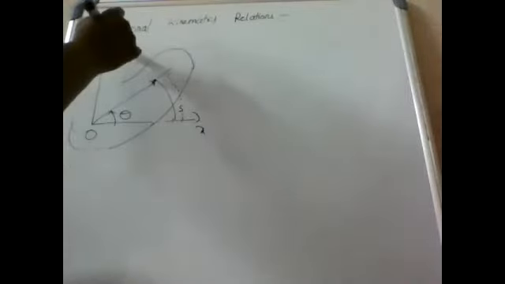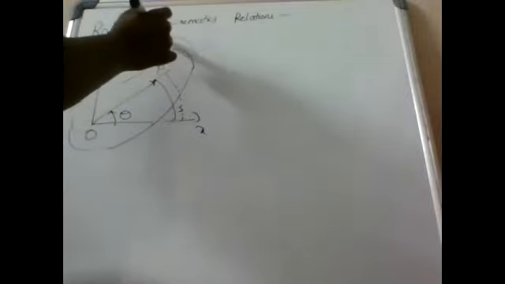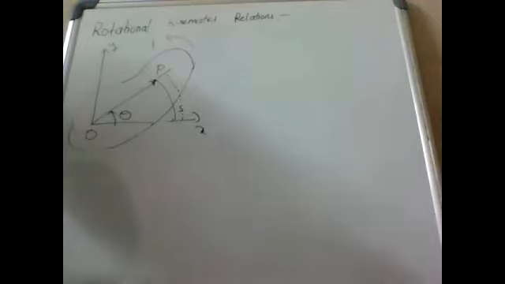Here x-axis, here y-axis, here P point. So here the axis of rotation will be passing through O and is perpendicular to the plane of the paper.